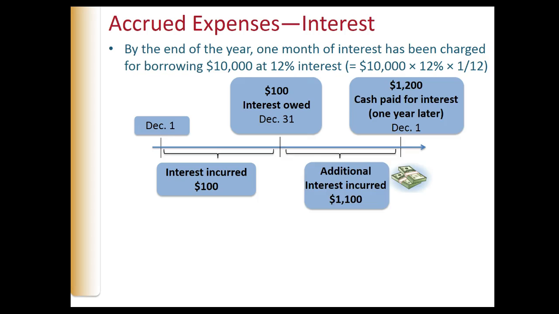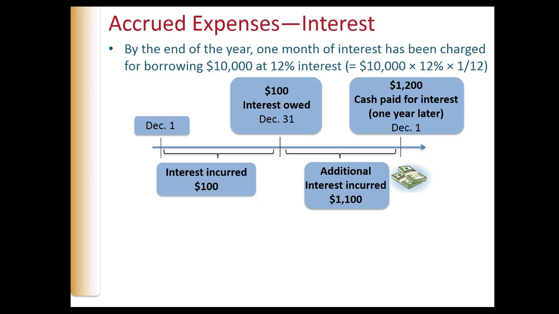And we know it's accrued interest because the loan was $10,000 times 12% interest rate annually times 1/12, or 1 month out of 12 months. So we know we have accrued interest on this note.